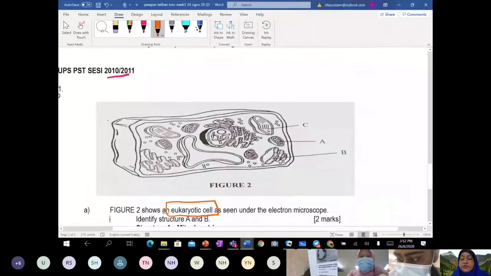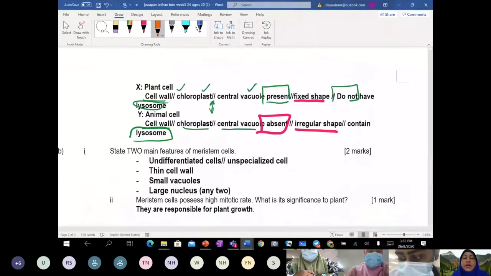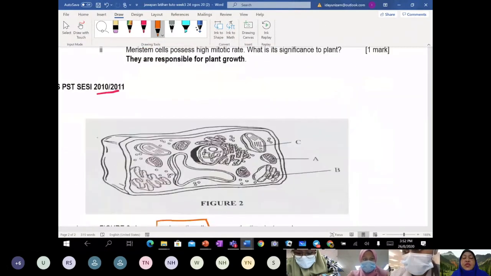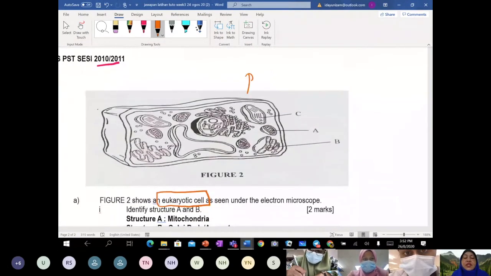No, right? Plant cell does not have lysosome compared to animal cell. So obviously in this question, this is a plant cell. So when you write A is a lysosome, definitely your answer is not correct.